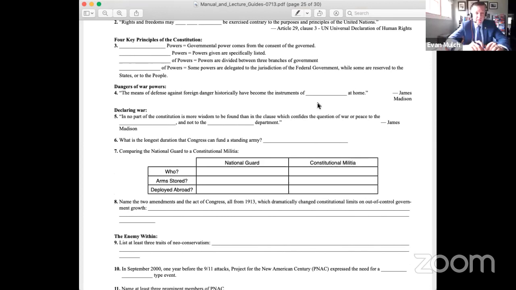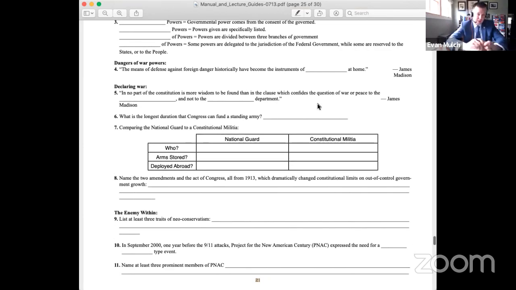The means of defending ourselves from foreign dangers are what become tyranny at home, and we've been experiencing that my whole life. That's what we've experienced in America because our Congress has not obeyed the U.S. Constitution.